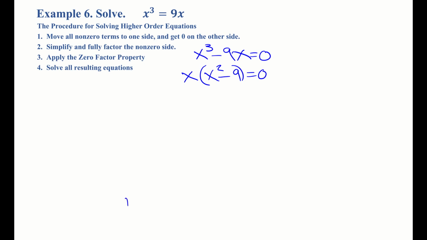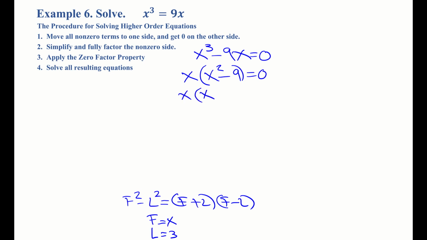So we know that f squared minus l squared equals f plus l times f minus l. And here we know the role of f is being played by x and the role of l is being played by 3, right? So we get x times x plus 3 times x minus 3 equals 0, right?